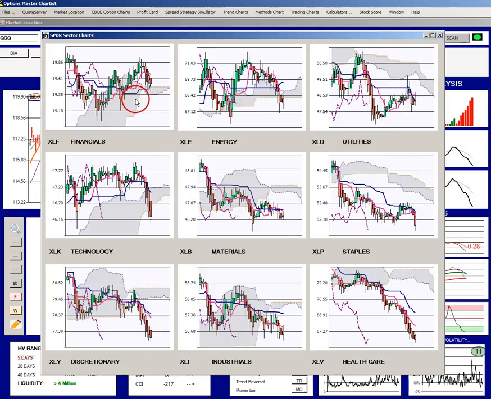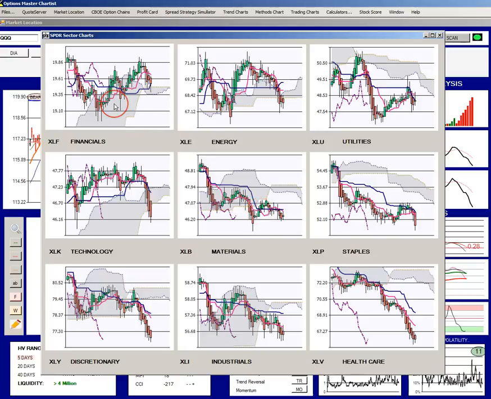But again, with the Heikin Ashi and the cloud backdrop, you can see at a glance which sectors are performing the best. And things like healthcare has been in a very steep downtrend for the whole period of the chart. Financials have been holding up fairly well, and materials kind of going sideways.